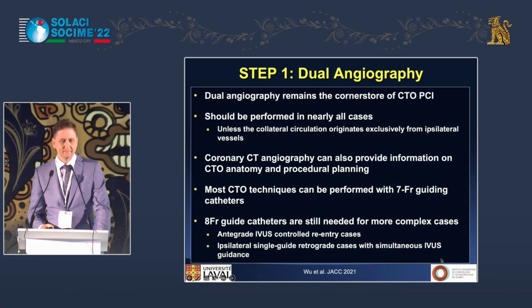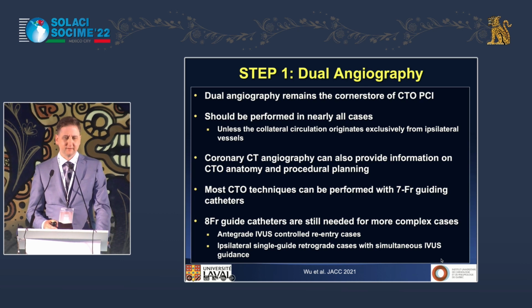The first step is dual angiography, which remains the cornerstone of CTO PCI. Dual angiography should be performed in nearly all cases, unless the collateral circulation originates exclusively from ipsilateral vessels. Coronary CT can also provide useful information.